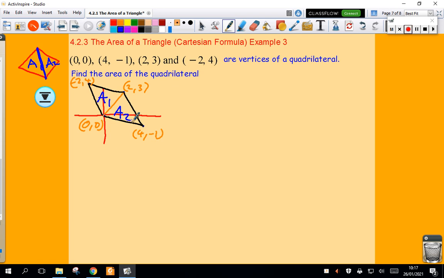So let's look at area 1 first of all. Let me write down the formula first. The area of any triangle can always be written as half times the absolute value of x1 y2 subtract x2 y1.